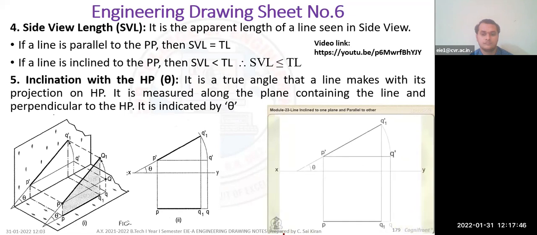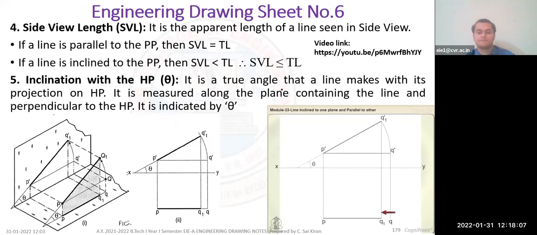In the front view, the point Q dash will move along an arc drawn with P dash as center and P dash Q dash as the radius to a point Q dash 1, so that P dash Q dash 1 makes an angle theta with XY. In the top view, Q will move towards P along PQ to a point Q1 on the projector through Q dash 1. P dash Q dash 1 and PQ1 are the front view and the top view respectively of the line PQ1.